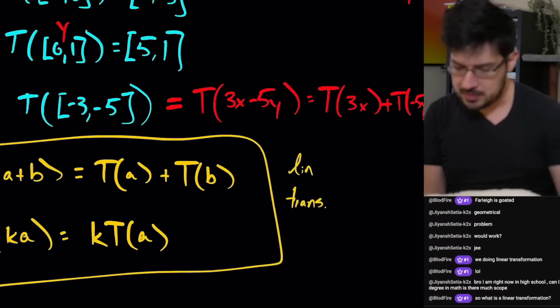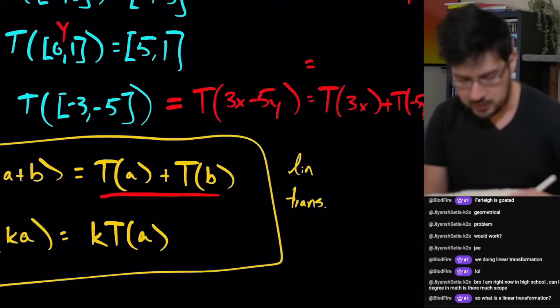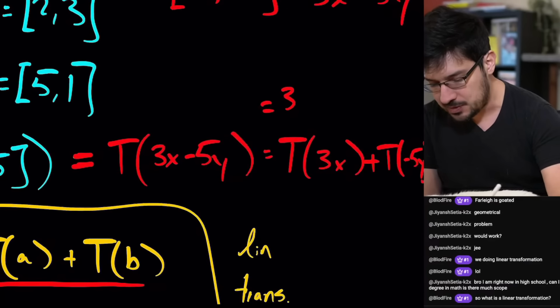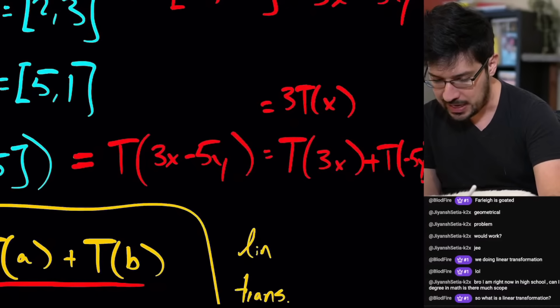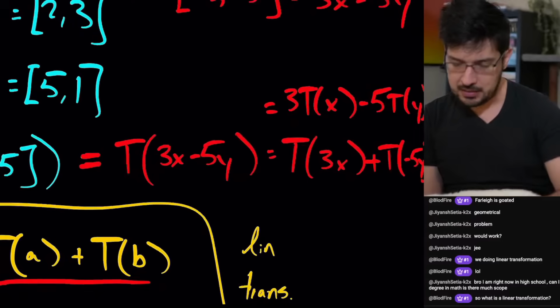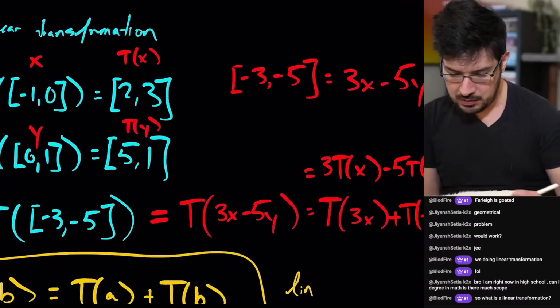Right? Because T is linear in addition. So what I used was property A right now, that we can add these 2 things. And now I'm using property 2 to say that this is 3 times T(x) minus 5 times T(y). Right there. And we know what T(x) is, and we know what T(y) is.